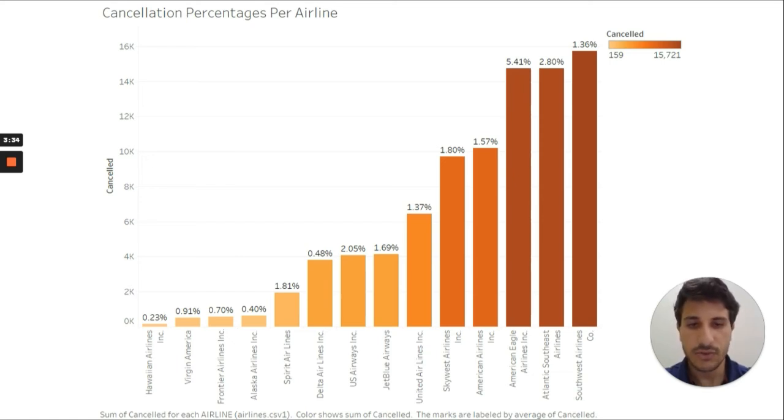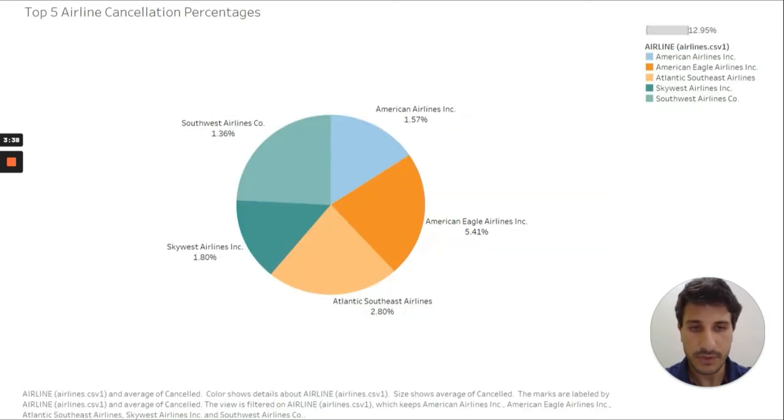Delta has decided to go with a brand new fleet of aircraft. And this is the reason why this company is doing very well with cancellations and delays. They have a huge advantage compared to American Airlines and Atlantic Southeast Airlines.